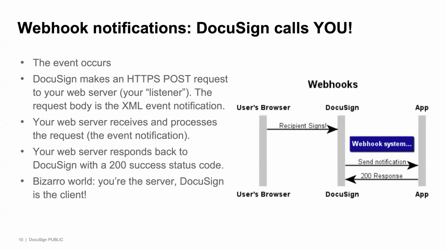And then next, your web server needs to respond back to DocuSign with the 200 success status code, which tells us that you, in fact, received the notification. You can see this in the diagram on the right-hand side. The recipient signs, which is an action that happens with DocuSign. And then after about a minute, it varies, the DocuSign webhook system, which we call Connect, will send that notification to you, and you will then send back the response that you've received it.